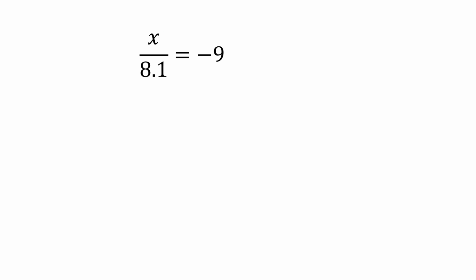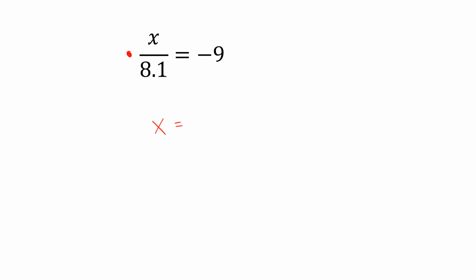Okay, now we're solving an equation here. And I know that because we have an equal sign. So I want to know what x is. And that's x divided by 8.1. So to undo that division, I'm going to multiply.